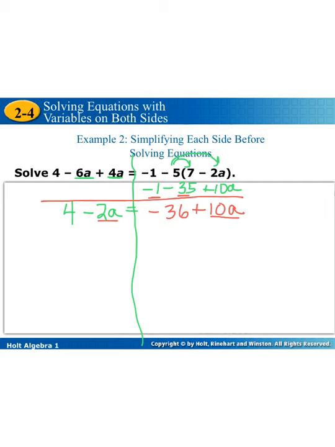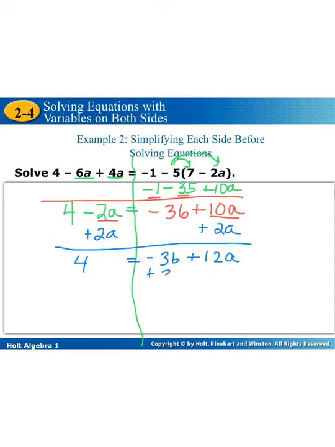So I'm going to choose to add the 2a to both sides. That would give me 4 equals negative 36 plus 12a. Then I would add 36 to both sides. That would give me 40 equals 12a, and I can divide by 12.